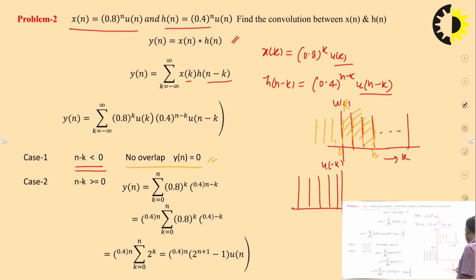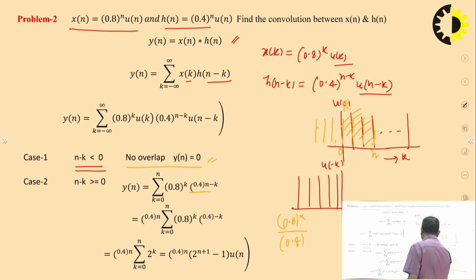So here we put the limit 0 to n, with 0.8 to the power k and 0.4 to the power n minus k. Because n is constant, you can take it outside. Then 0.8 to the power k into 0.4 to the power minus k, which is 0.4 to the power k in the denominator, and after dividing you can write it as 2 to the power k.